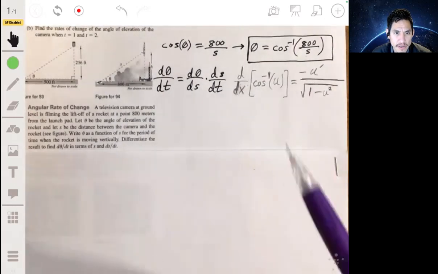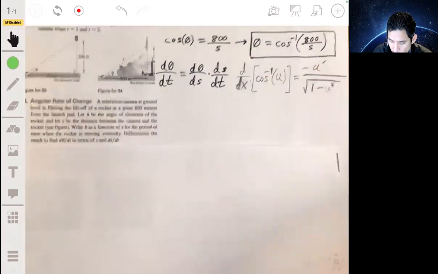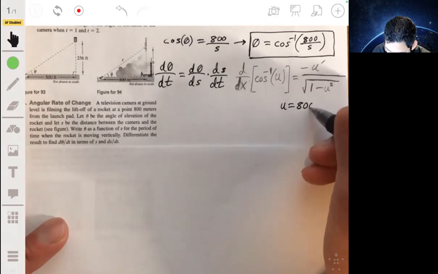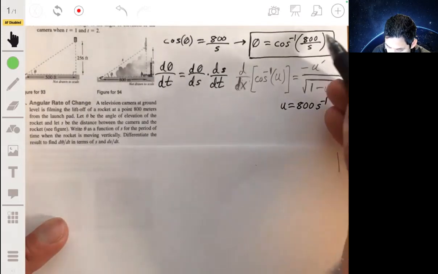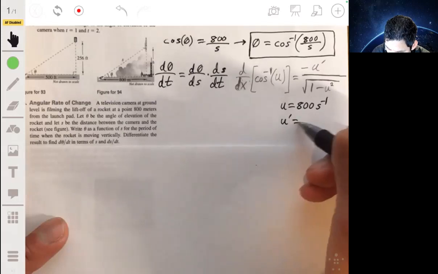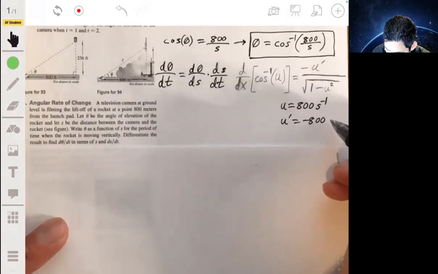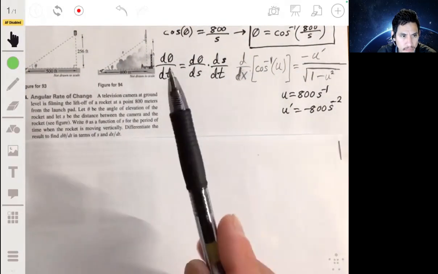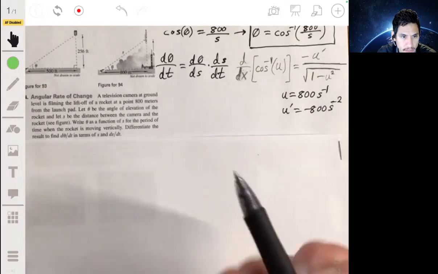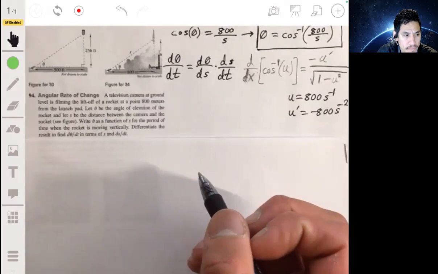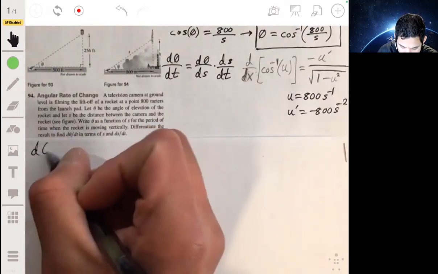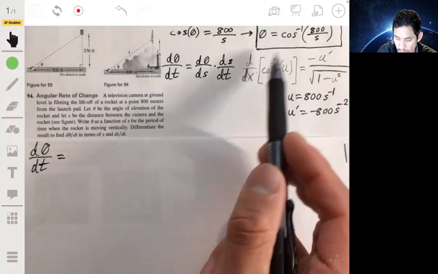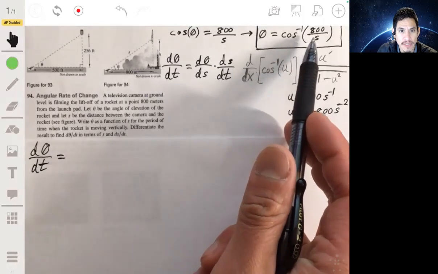Anyway, in this case, our u is going to be 800 over s, or we can say 800 s to the negative 1. So then u prime will be negative 800 s to the negative 2. So d theta dt will be equal to the derivative of the inverse cosine with respect to s first.